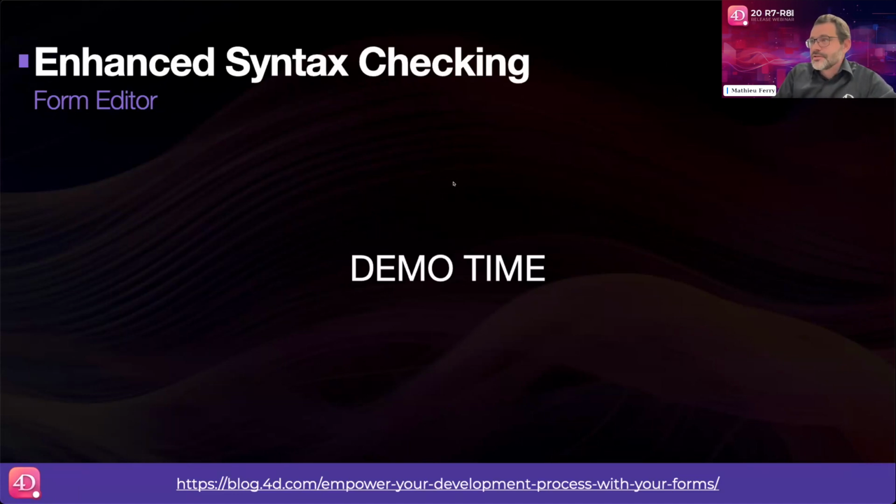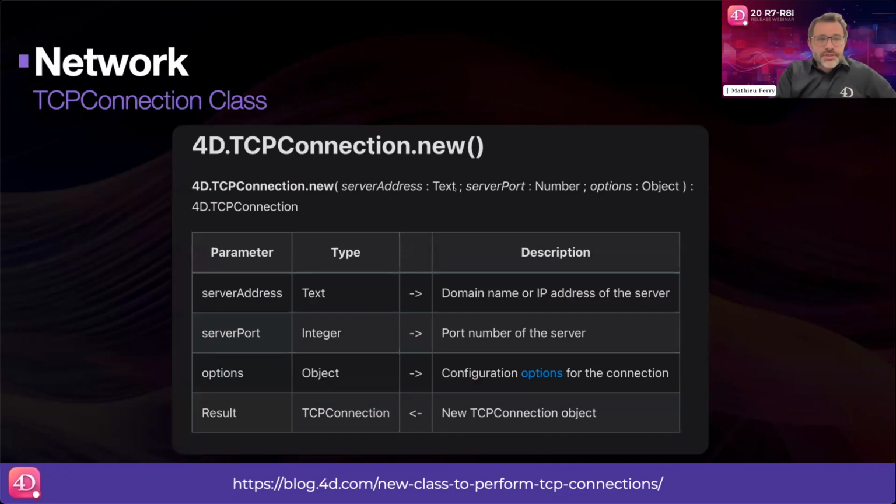So let's proceed with another highly requested feature, the TCPConnection class, which is introduced in 4D 20R8. This modern object-oriented class is meant to replace traditional 4D internet commands, offering asynchronous network handling for more efficient and scalable connections.